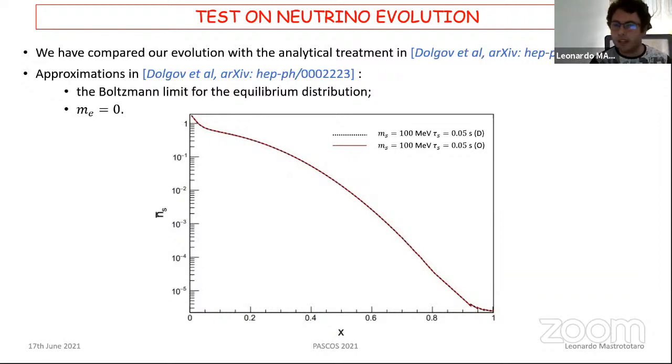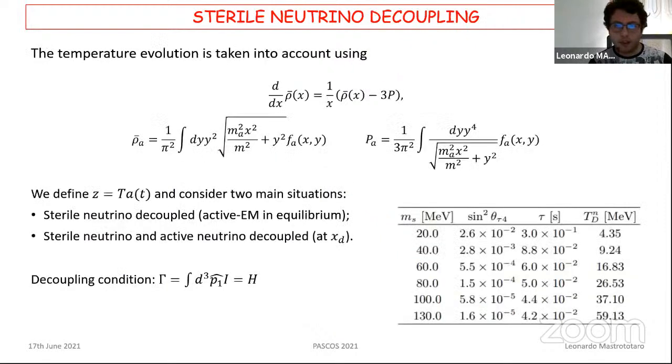So only to do the test, we have put these approximations into our code, and we have obtained the picture that one can see in the slides, and it's possible to see the perfect agreement in the approximation between our code and the analytical treatment. So this is a quite useful comparison and a benchmark for our code.